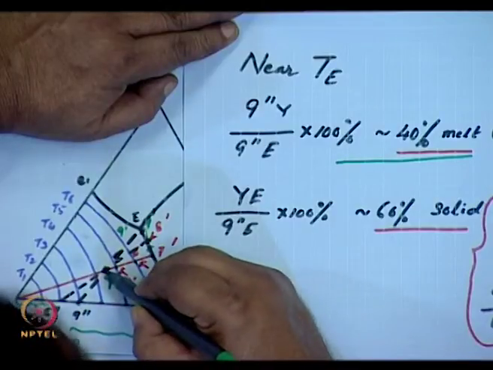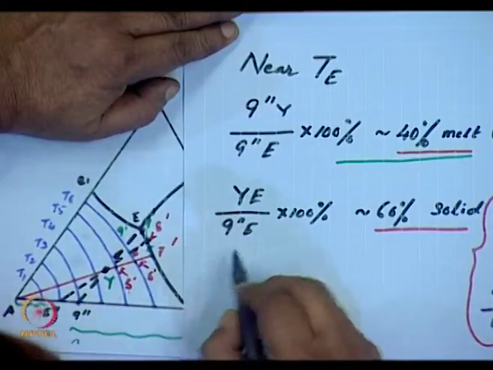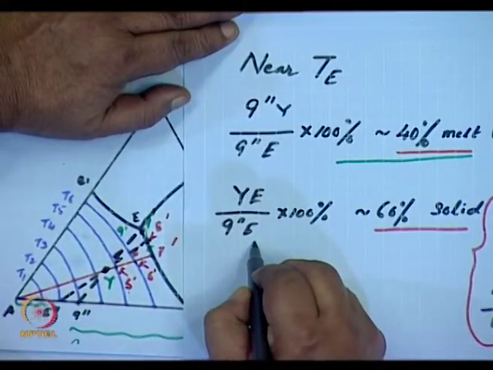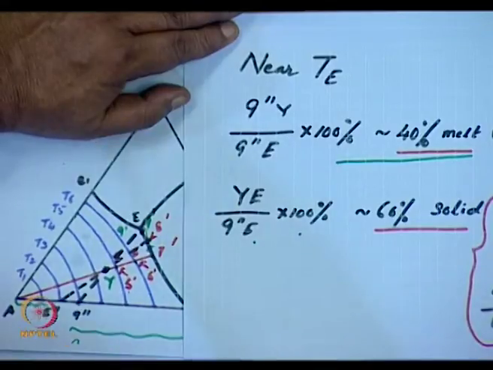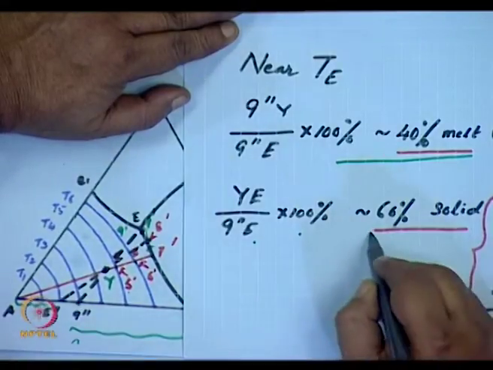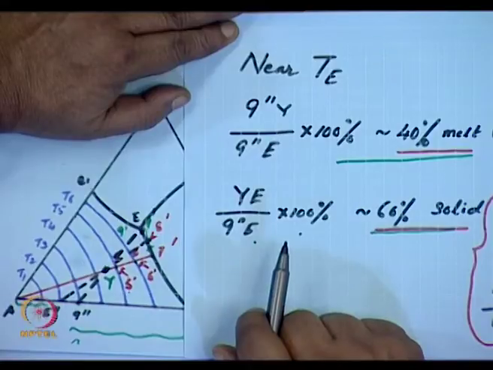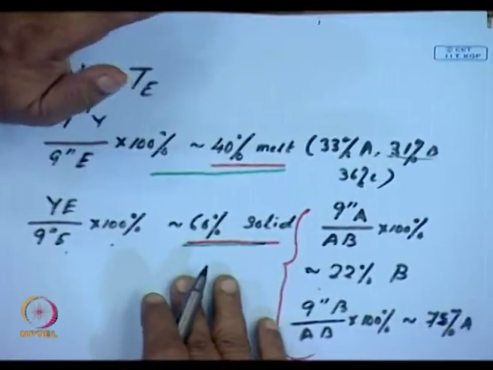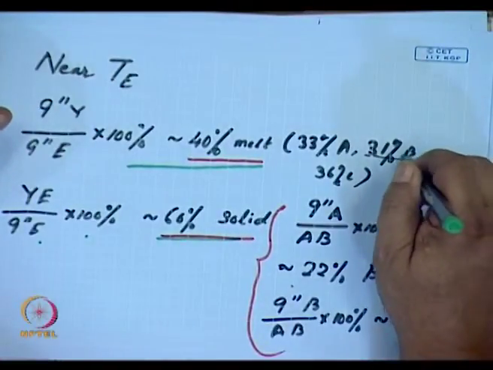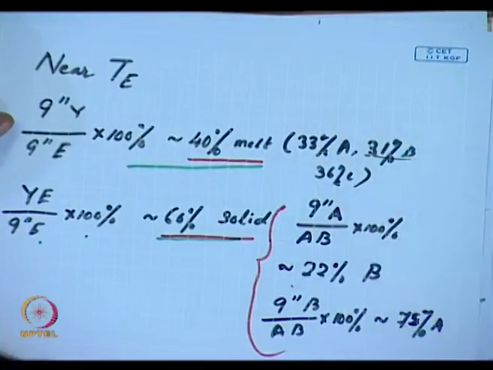Whereas YE divided by 9 double dash E multiplied by 100% gives the amount of the solid, which is given over here. This percentage of the melt you can determine by dropping perpendiculars.